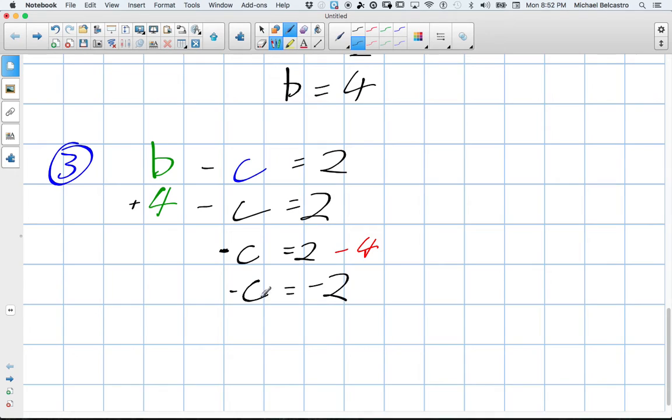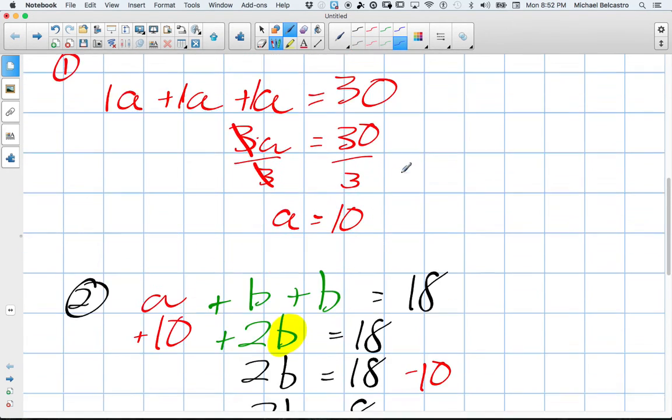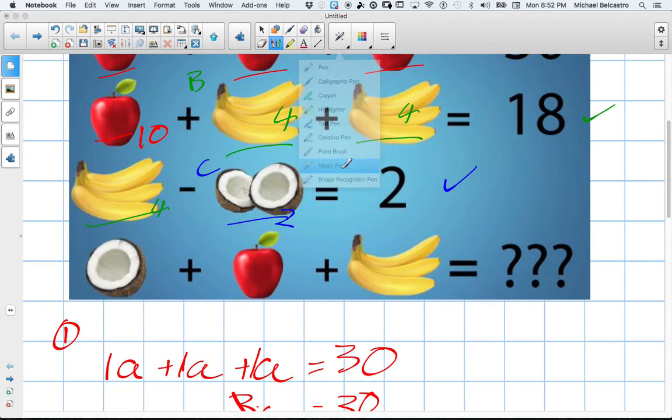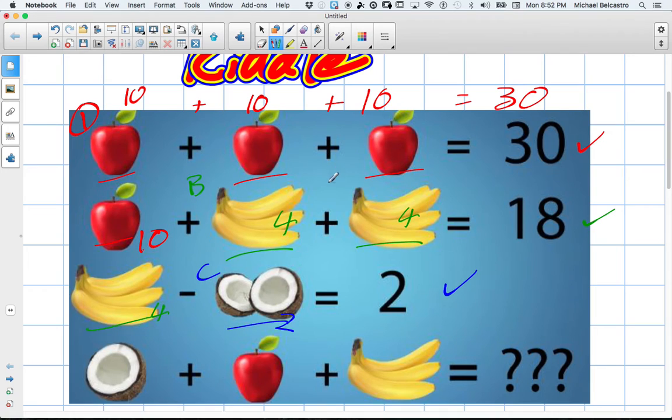But I also have negative C. So I'm going to multiply both sides of the equation by negative 1 to get rid of the negative C. And that's going to give me C is just equal to the number 2. Okay, if this is true, again, notice I keep saying if. 4 minus 2 is 2. Checks out great.